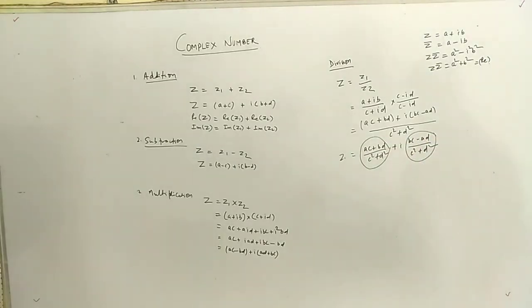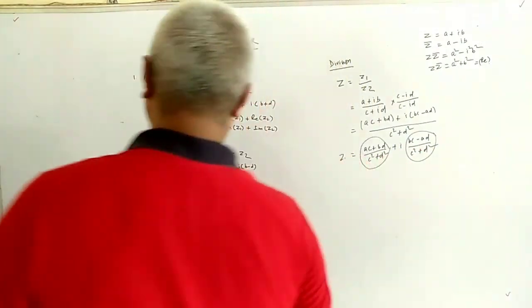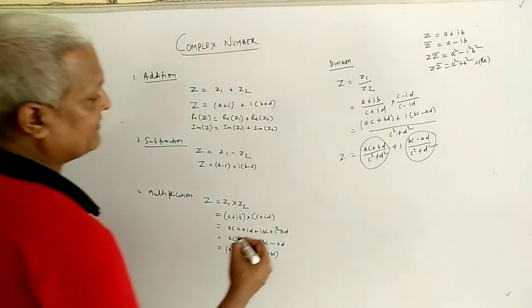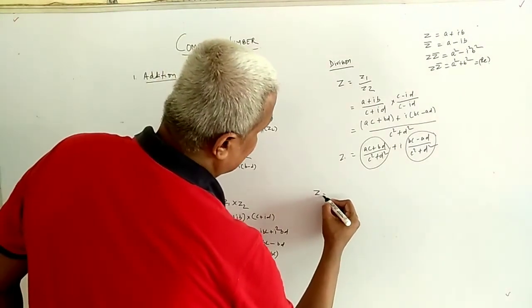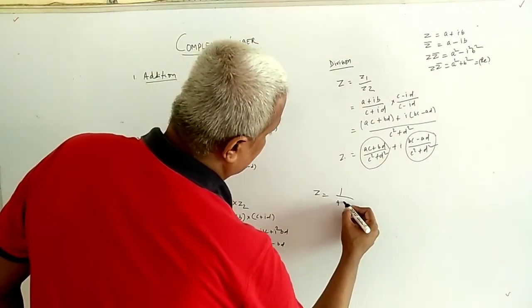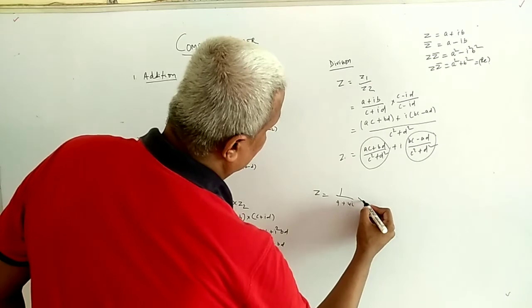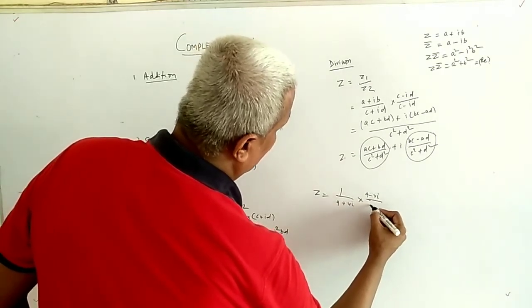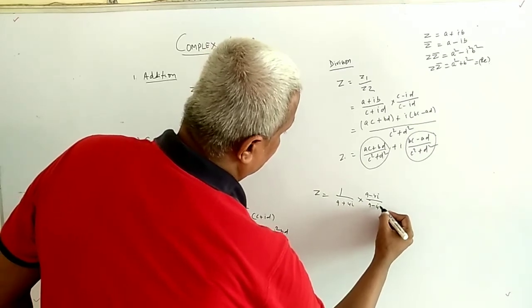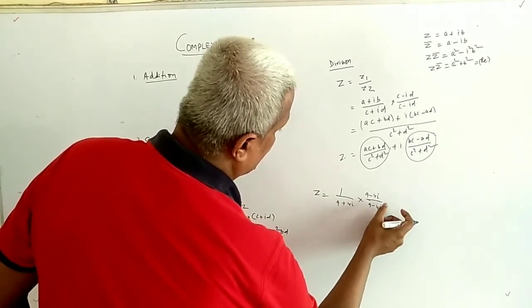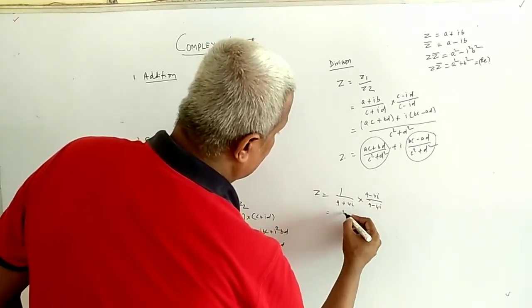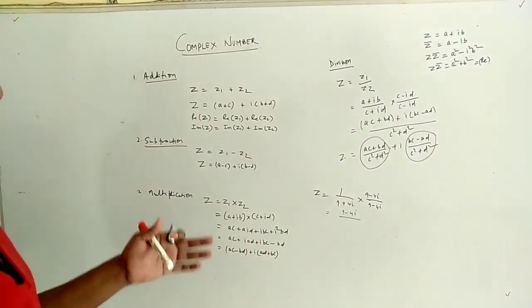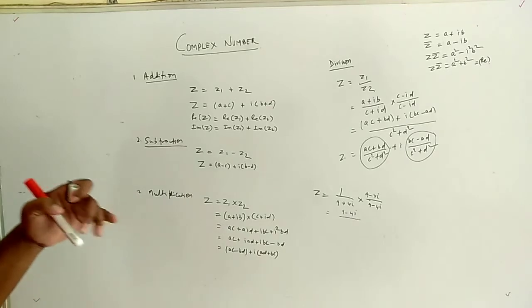Same thing, sometimes they ask you to express a complex number in a plus ib form, and they have given you something like z equal to 1 over 9 plus 4i. Better you just multiply with its conjugate, 9 minus 4i, and the denominator always becomes a square plus b square.